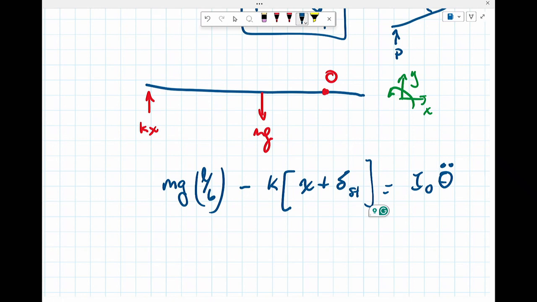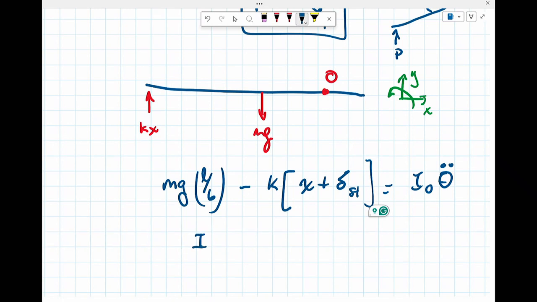Now, as I did in the previous lecture, everything is written in the double dot format. So for the sum of forces in the x direction, I had sum of forces equals mass times x double dot. For moments, I'm going to write them not as I naught alpha as I've done for all of chapter 6. Instead, I'm going to write them as I naught theta double dot because I want to write things in an equation form.